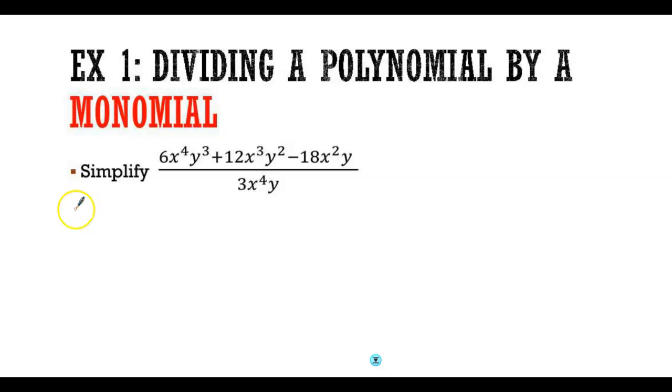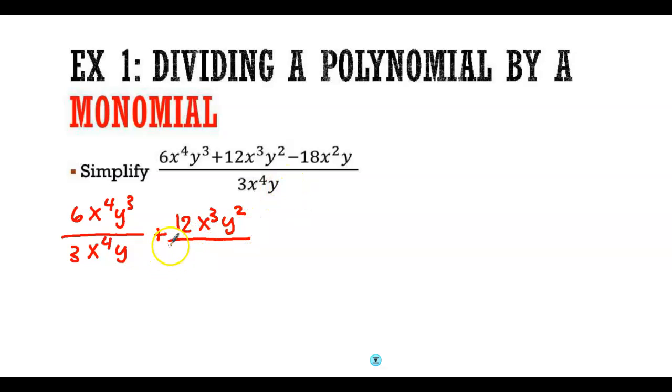So the first part is going to be 6x to the 4th y to the 3rd over my denominator, 3x to the 4th y, plus 12x to the 3rd y squared over my denominator, 3x to the 4th y, minus 18x squared y over, again, my denominator, 3x to the 4th y.